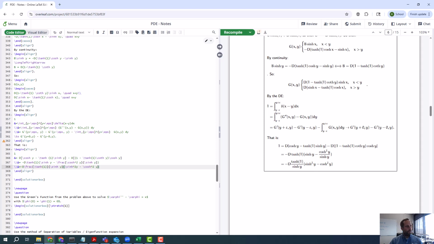So this is what we're going to get. Okay, so what is this? What is sinh squared y minus cosh squared y equal to? Well, remember that I said the hyperbolic trig functions were like the trig functions, but for hyperbolas. So the hyperbola that it parameterizes is x squared minus y squared equals 1.